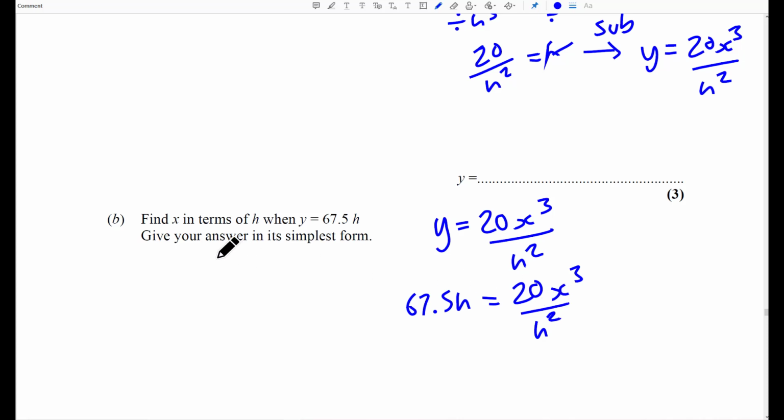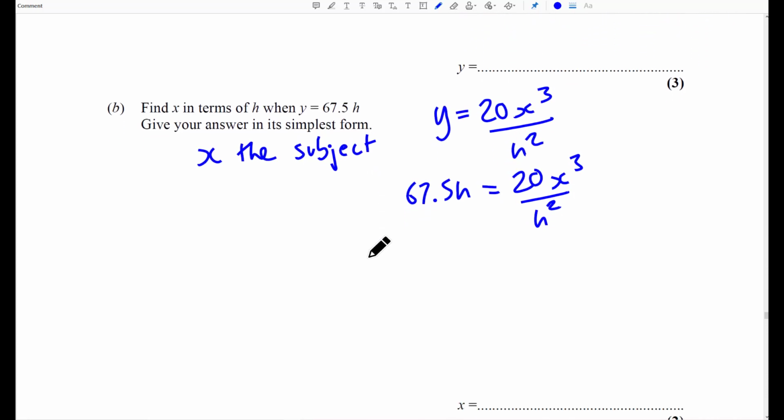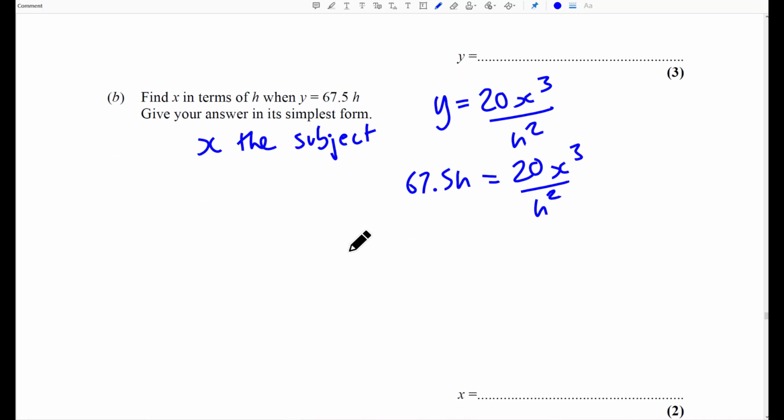So essentially we're just making x the subject. That's what this question is asking. So it's a slightly different proportion question. It's changing the subject with proportion. Skills are the same though.